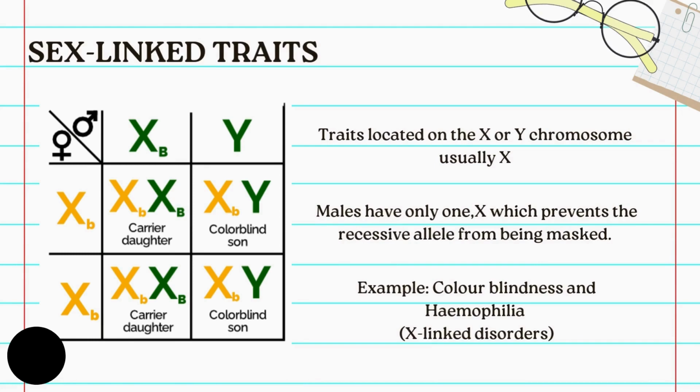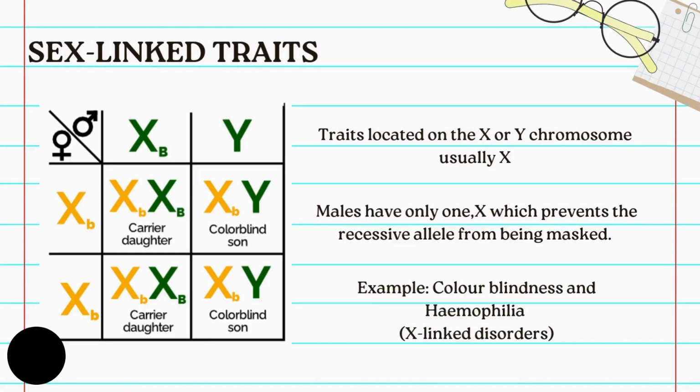For example, color blindness is more prominent in males, and the reason being is that for females we have XX, but for males there's XY.